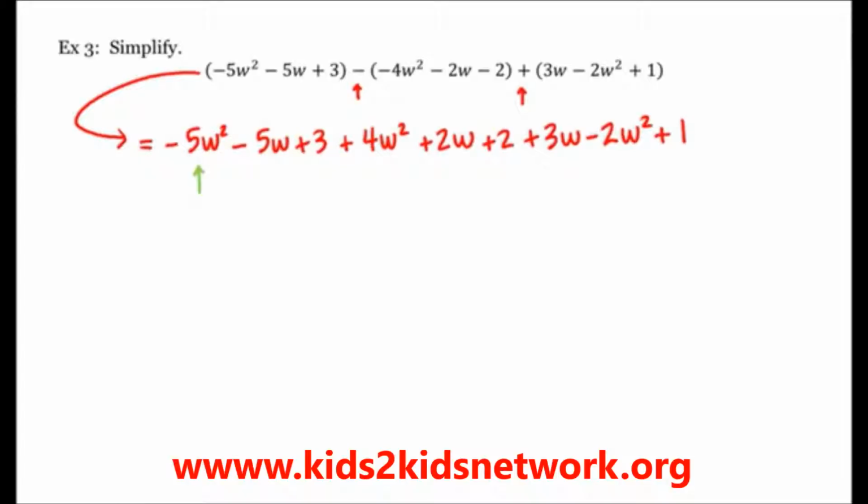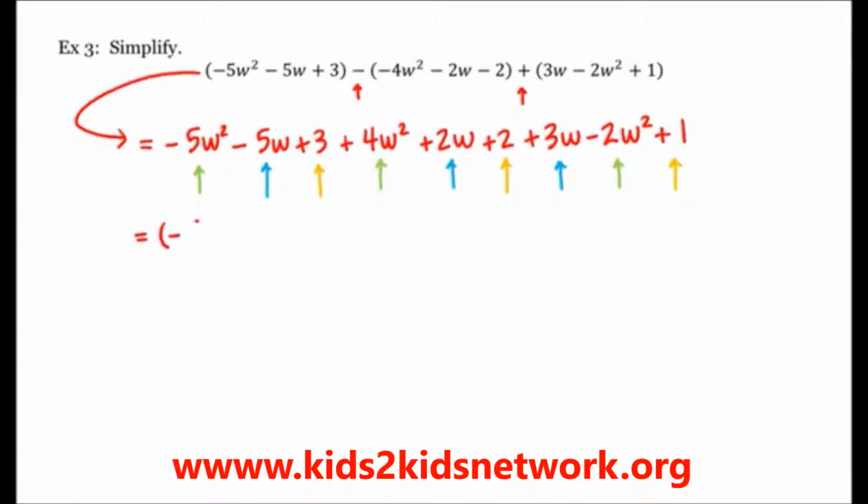Again, grouping like terms, negative 5w squared, 4w squared, and negative 2w squared are like terms, as well as the negative 5w, 2w, and 3w, as are the 3, the 2, and the 1.